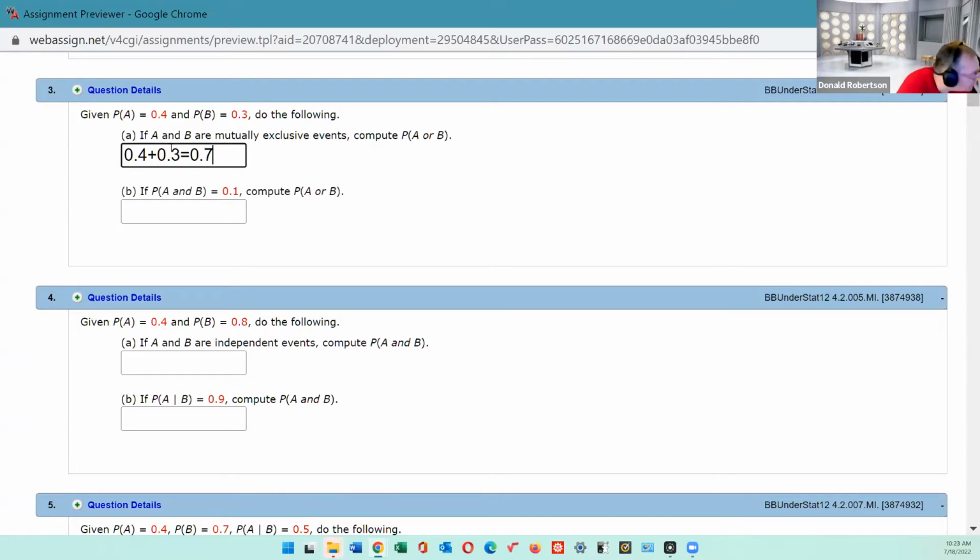In which case you'd get 0.7. Are we good with that? Any questions? If you're mutually exclusive, the probability of A or B is the probability of A plus the probability of B. So in this case, it would be 0.7.